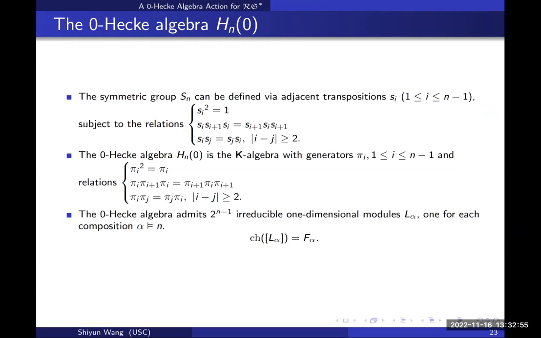We know that the symmetric group can be generated by the adjacent transpositions, s_i, the transposition of i and i plus one. We have all of these relations: s_i squared is the identity, s_i and s_j commute when far apart, and s_{i+1}, s_i satisfy the braid relation among those triples.